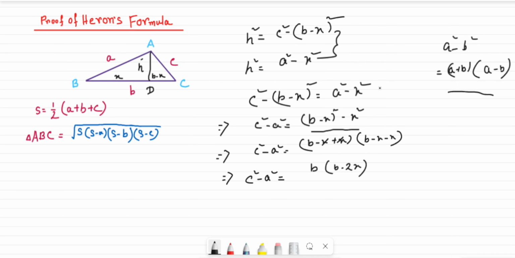Now C square minus A square by B equals B minus 2X, right?